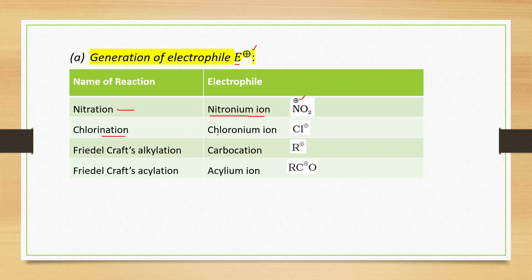Chlorination, electrophile is chloronium ion, Cl positive charge. Friedel-Crafts alkylation, electrophile is carbocation, that is R positive charge. Friedel-Crafts acylation, electrophile is acylium ion, this is RCO, and on carbon positive charge is there.